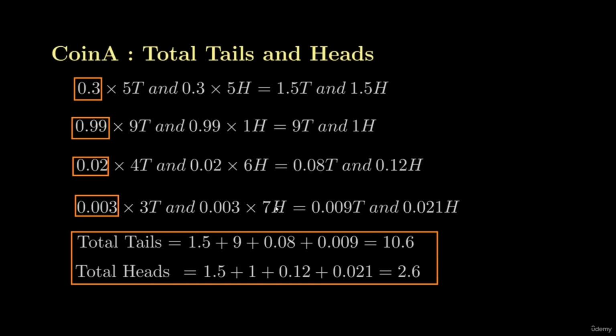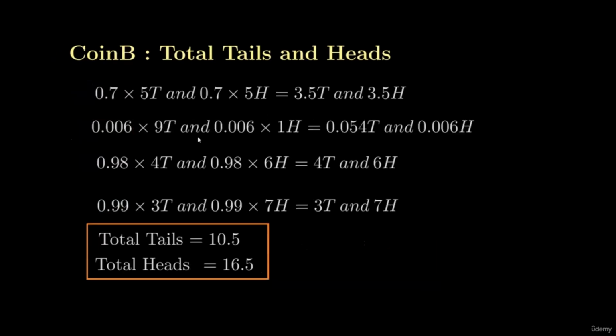So these are the total tails and total heads obtained from the 4 trials of the coin A. Similarly, we get the values for coin B for all the 4 trials. So if we add all these values, we will get total tails equals to 10.5 and total heads is equals to 16.5. So these are the values which we have calculated for both coin A and coin B.